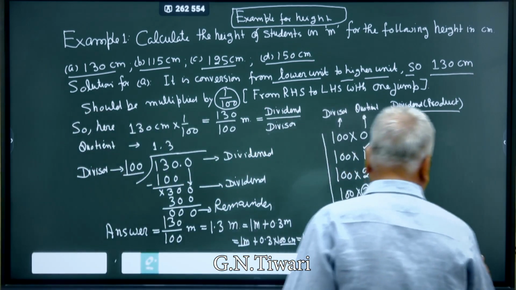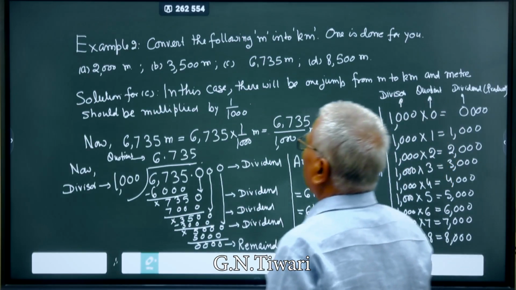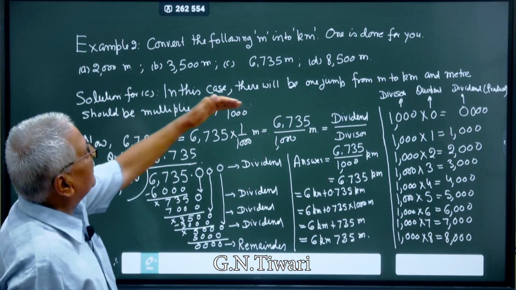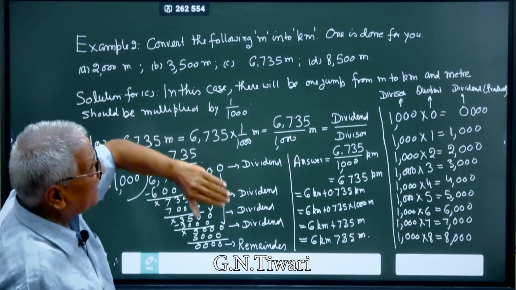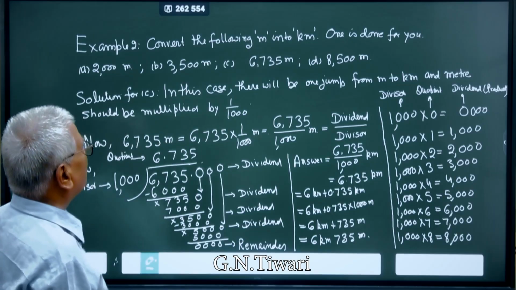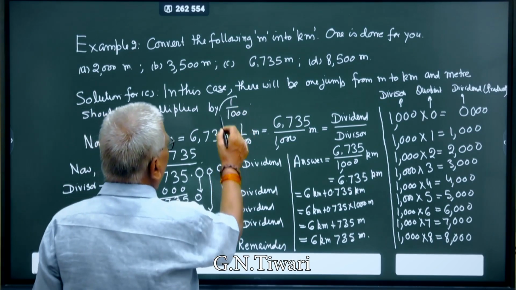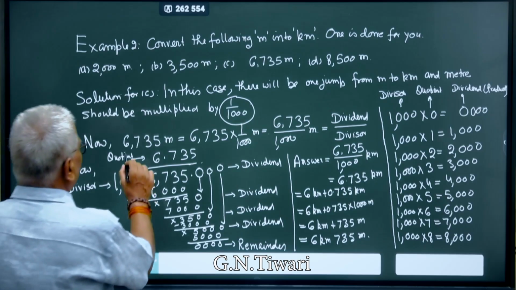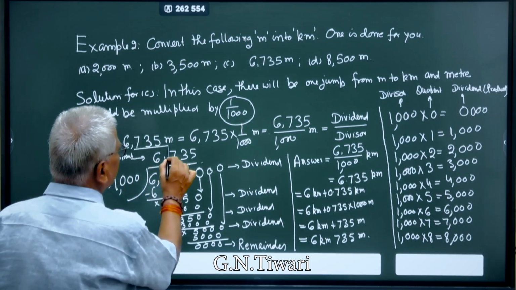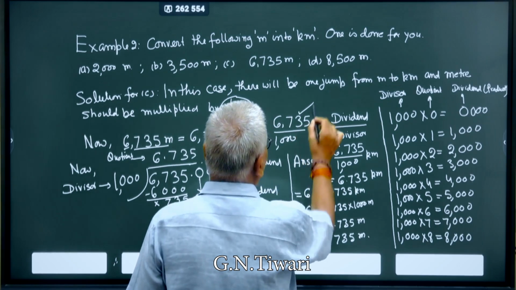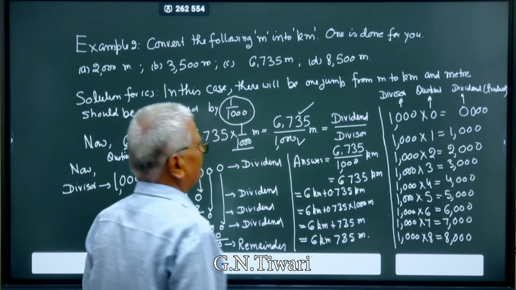Now, next, just see, again here I am going from meter to kilometer, again from lower to higher. So in this case, you have to divide by 1000. I have given an example of 6,735 meter multiplied by 1 by 1000, it becomes dividend, numerator, divisor.